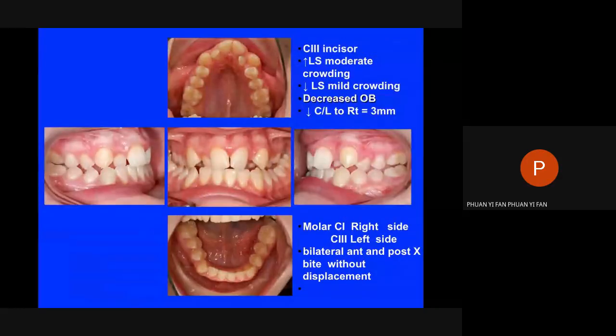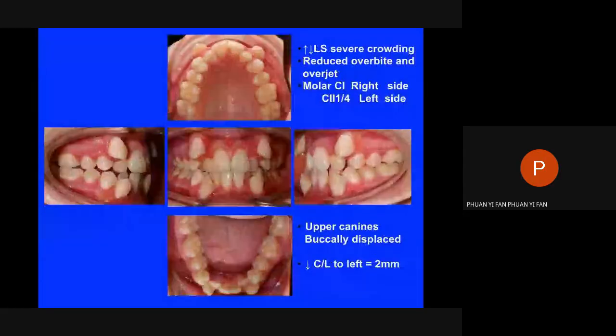Doctor, one question. What's the difference between anterior cross-bite and reverse overjet? Just now we already talked about this. For reverse overjet, the 4 lower incisors must be in the reverse bite. If only the central incisors are in the reverse bite, that's not considered reverse overjet.